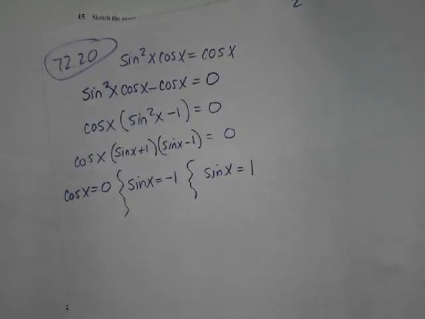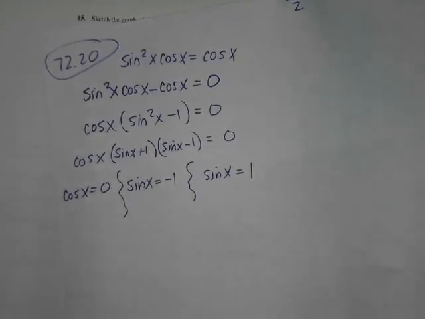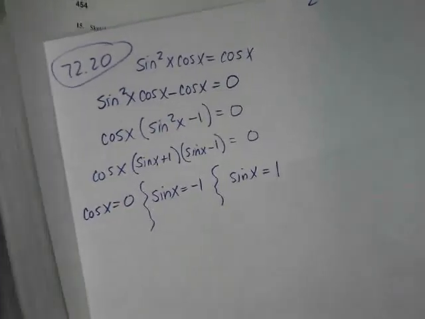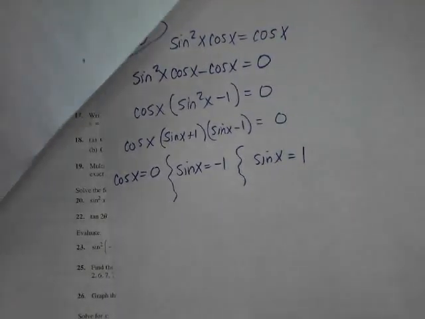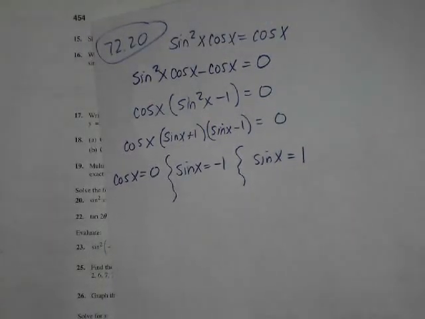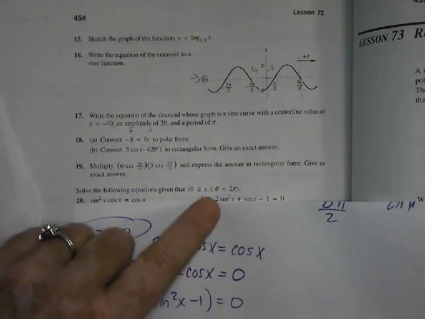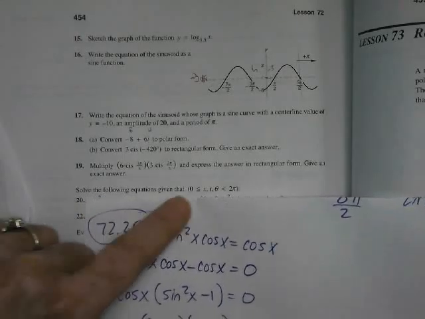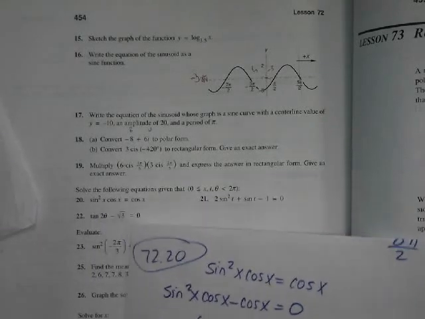Well, I haven't really solved them though, because to solve them you have to take the inverse sine or inverse cosine. So basically you need the angles where cosine x is 0. I'm addicted to this unit circle, so I'll grab my unit circle. We have at the beginning of the problem that x is greater than or equal to 0.